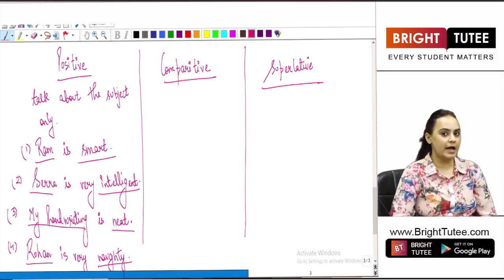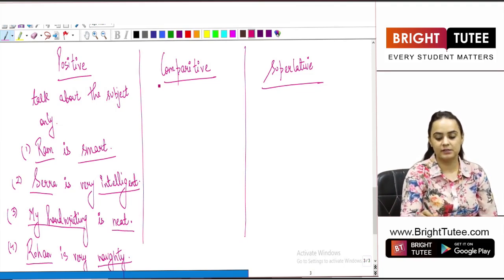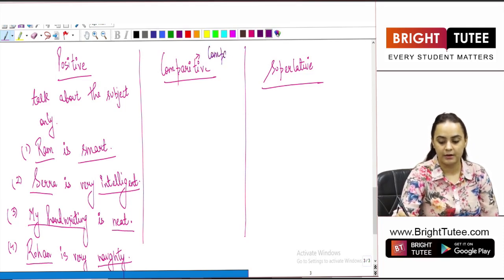On the other hand, when I talk about the comparative degree, as the name suggests, what does this indicate? This indicates comparison between two things.